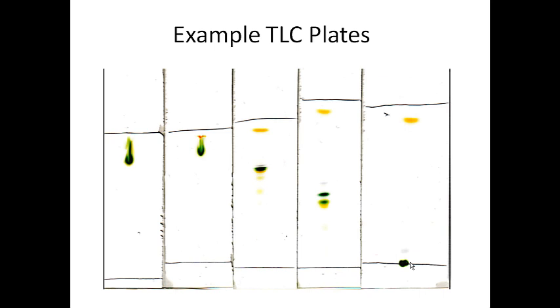And so the polarity of the component, the polarity of the solvent, and the polarity of the plate make a really huge difference in terms of where the spots show up and how good your separation is. So you want to keep that in mind. The separations are based on polarity, not molecular weight. That's gel electrophoresis from biology.